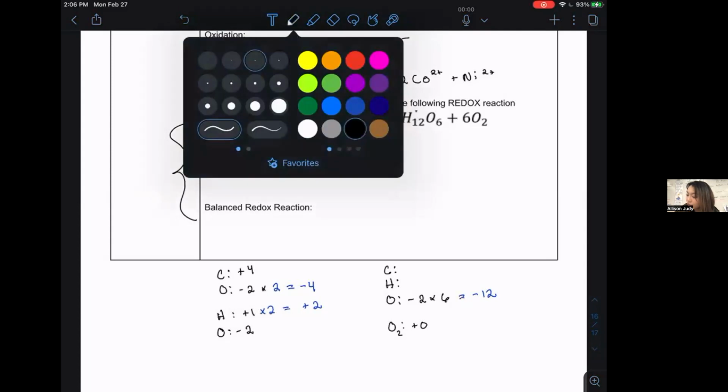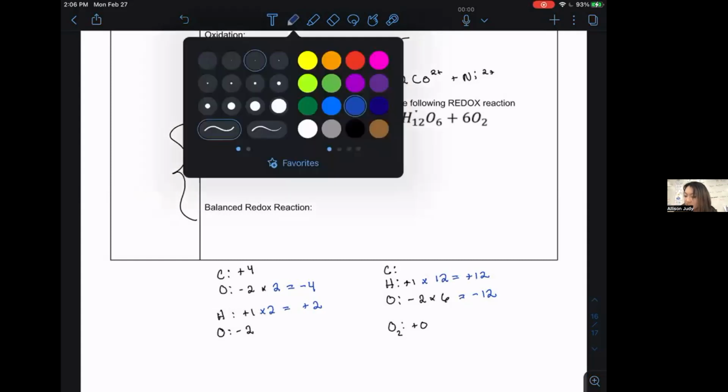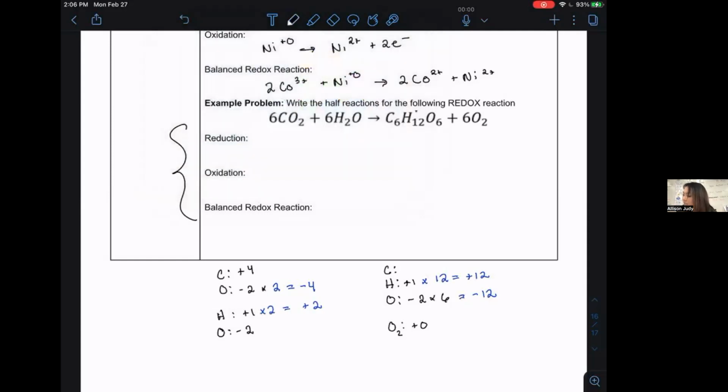You know that you have 12 H's, and this is a set value, so you get +12, which means the carbons would, as a result, have a 0 oxidation state. This is a very rare example, but in order to keep everything neutral, because it's a neutral molecular compound, you would have to have 0 times 6 equal 0. I am so sorry. This is a very difficult example, but one worth looking at.